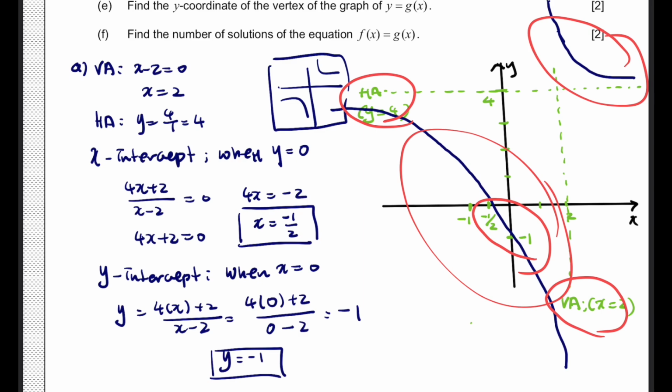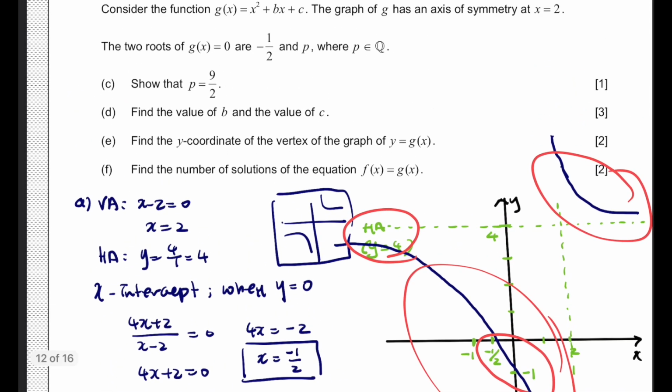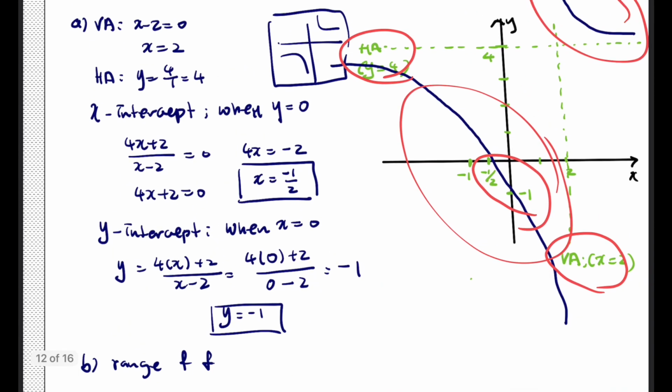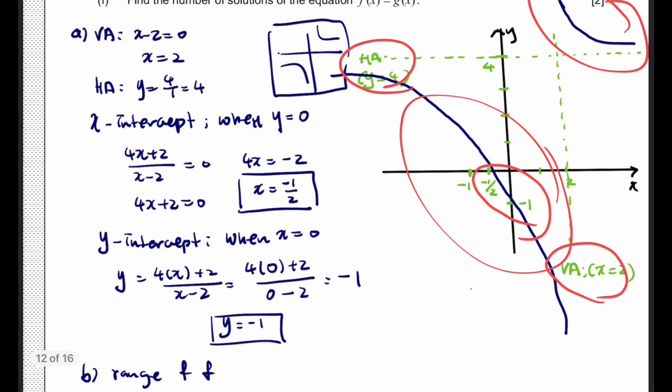Okay, then let's do question B. Question B says that we need to write down the range of the function. We do know that the graph will continue all the way, right? However, it never passes through the horizontal asymptote. It continues to grow to the end of the y-axis, but it never passes through the horizontal asymptote.